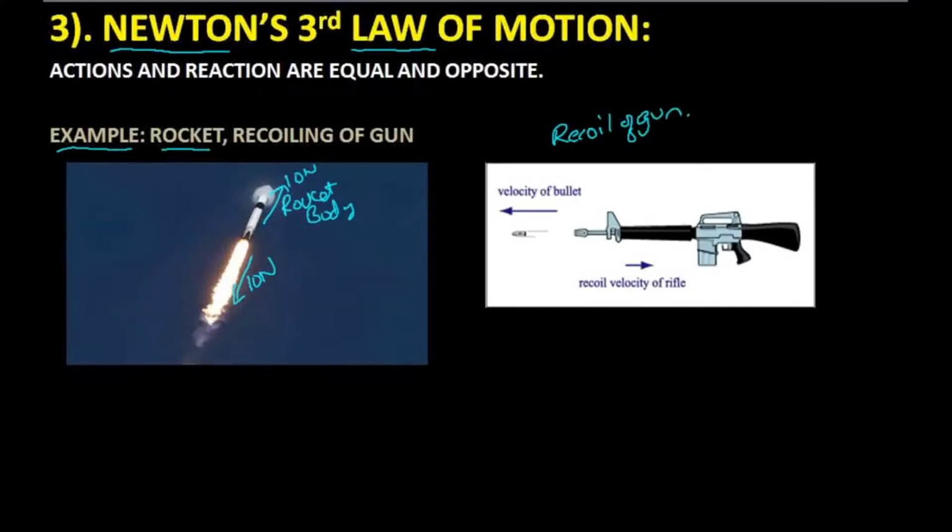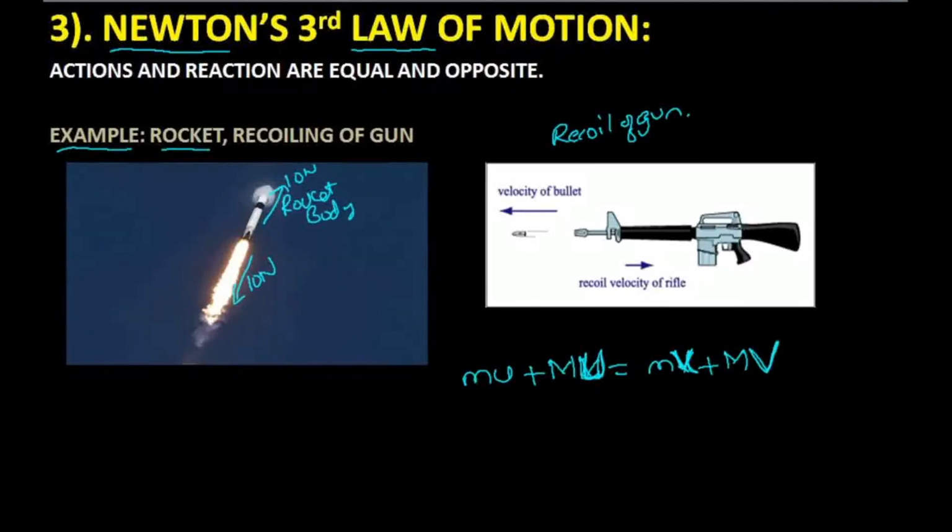Here, if we consider an equation: the mass of the bullet, initial velocity of the bullet, and the mass of the gun, initial velocity of the gun is equal to the mass of the bullet, final velocity of the bullet, mass of the gun, final velocity of the gun. This is small v, this is uppercase V.